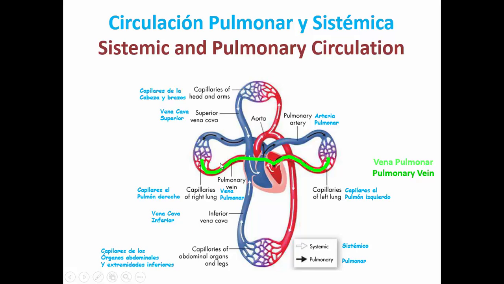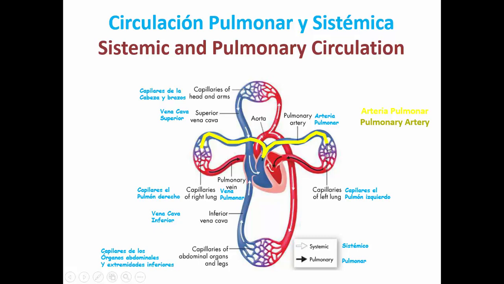Then we have the pulmonary vein, which is taking blood from the lungs and into the heart. So if it's coming from the lungs and into the heart, it's carrying oxygenated blood. If it's coming out of the heart and into the lungs, it's carrying deoxygenated blood.